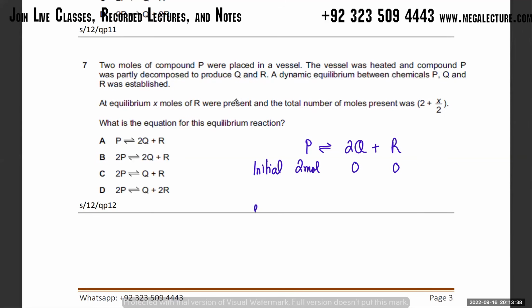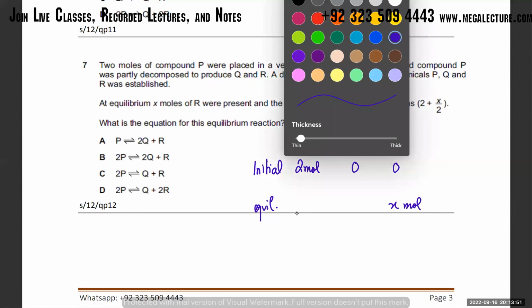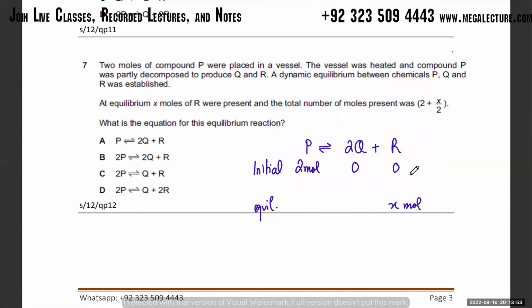So the equilibrium moles are given. He's saying that at equilibrium, there's X moles of R. That information would be sufficient to find the moles of all the other ones. If you have X moles of R, initially you had no R, now you've got X moles. So that means X got produced, right? According to the ratio, if 1 gets produced, 2Q will be produced. So if X gets produced, how much Q will be produced? 2X, right?